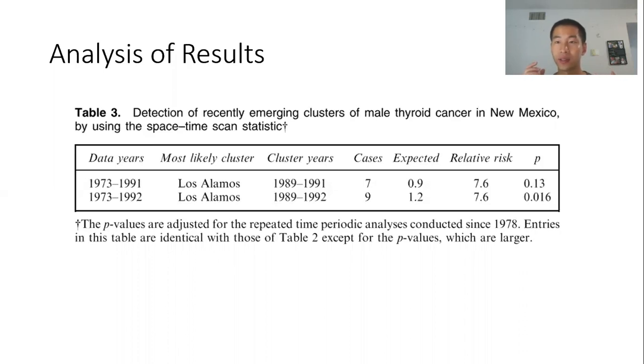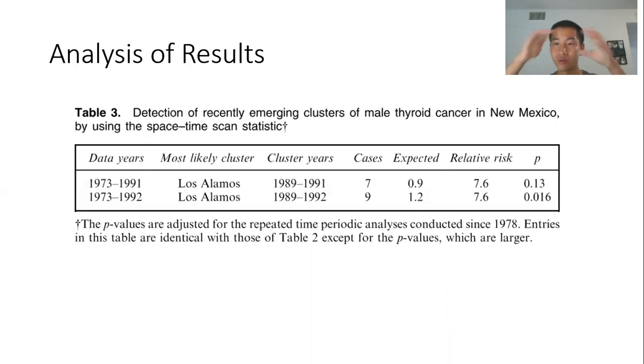Recall how we calculate the likelihood ratio in the new version of statistics. We maximize the null likelihood on all possible time space, which makes the denominator of the ratio bigger.